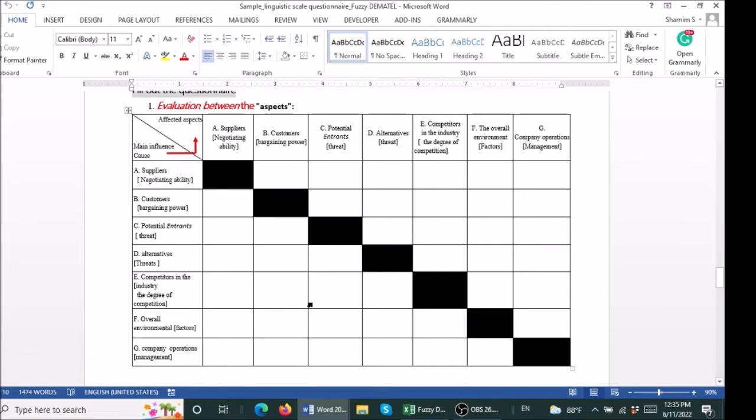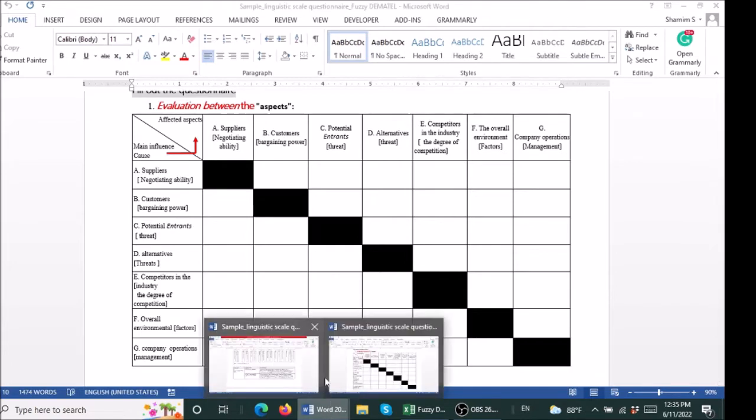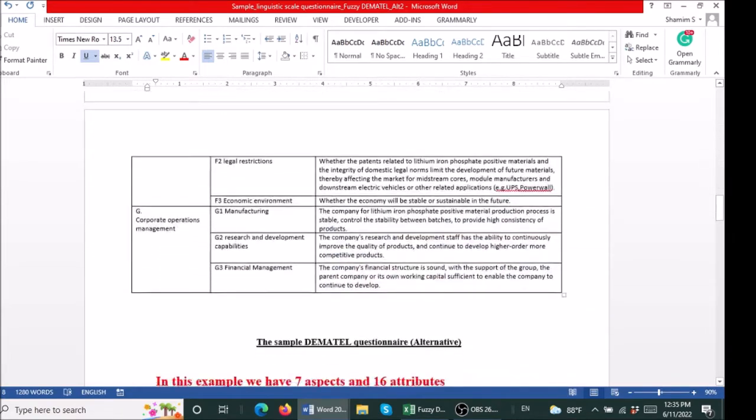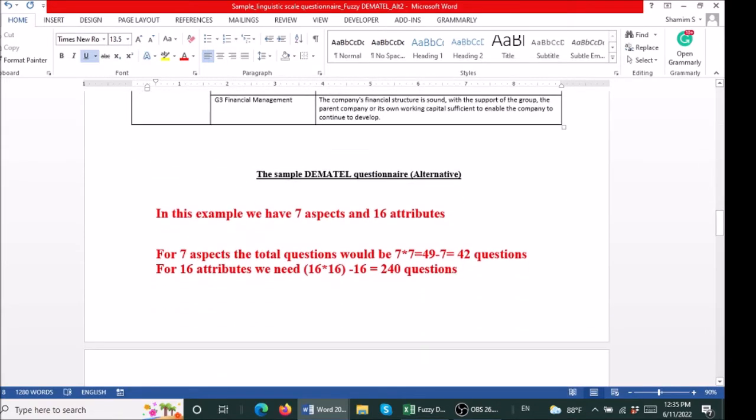Okay, so now I am showing you another alternative questionnaire design approach in DEMATEL. Let's see this one. Okay, look at this.